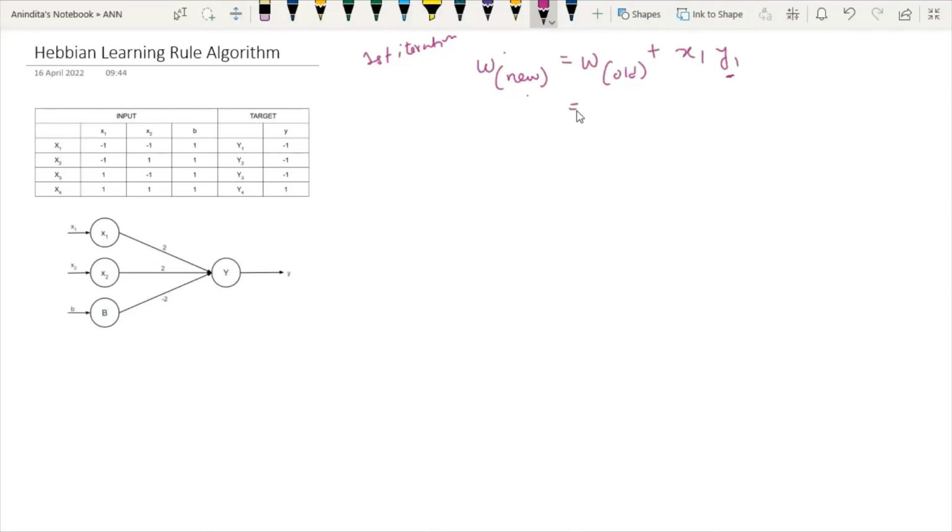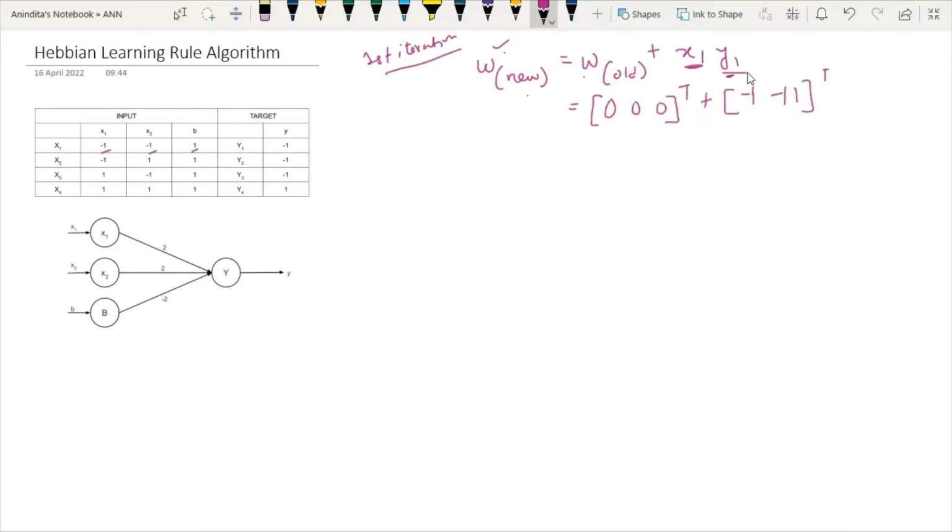See, in the first iteration, how is this weight calculated? Here we have to find out the W old value. According to step number 1, initially the weight is set to 0. So for the first iteration, the old weight is 0, plus the value of x1, which we have extracted from this problem: minus 1, 1 transpose.